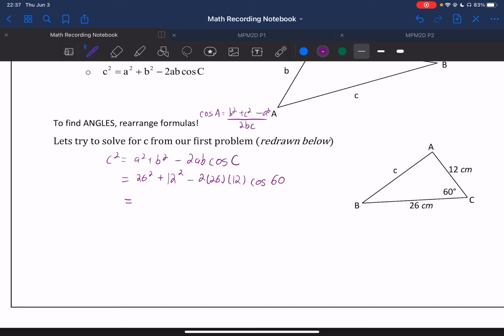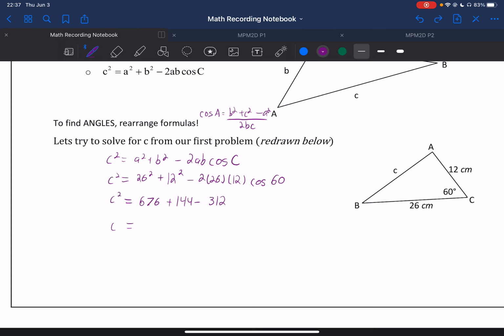We put that into our calculator. 26 squared gives us 676. 12 squared is 144. 2 times 26 times 12 times cosine 60 gives us 312. Still all equal to c squared.